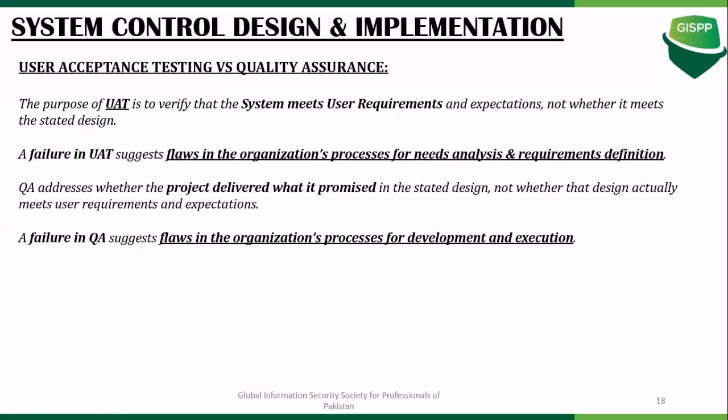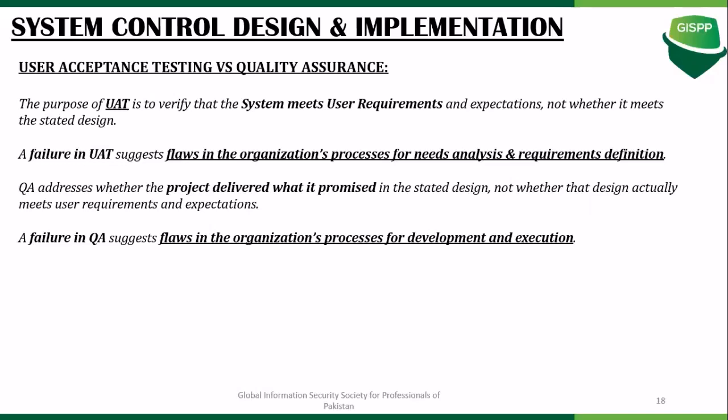A failure in UAT suggests that there is a flaw in the organization's process for assessing the requirements itself. It tells you that the organization is not mature enough to put forward its feature requirement specifications. However, quality assurance addresses whether the project delivered what it promised in the design, and it does not tell whether the design actually meets the user's requirements or expectations.